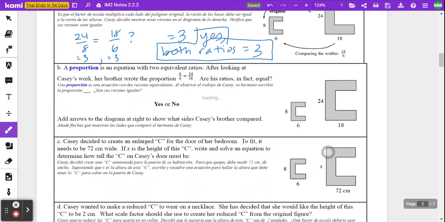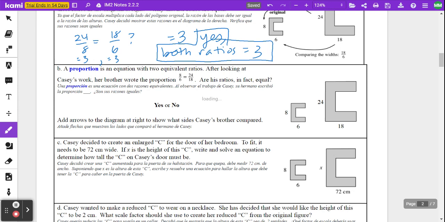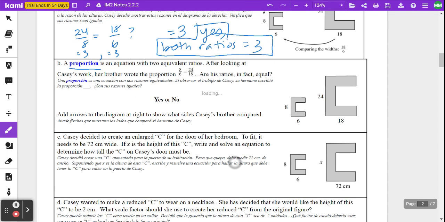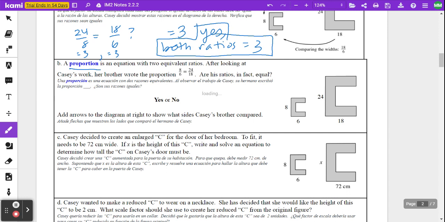Okay, now vocabulary word. A proportion is an equation with two equivalent ratios. After looking at Casey's work, her brother wrote the proportion 8 over 6 equals 24 over 18. Are his ratios in fact equal? Let's think.